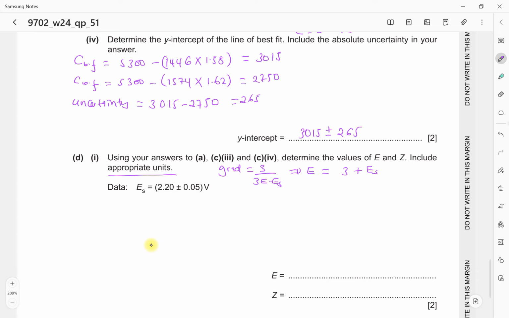Then I divide this by the gradient, 3 times the gradient, and this one also divided by 3. Okay, I'm trying to make E the subject, of course.